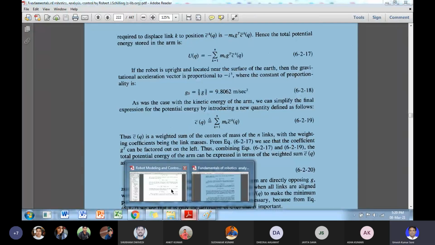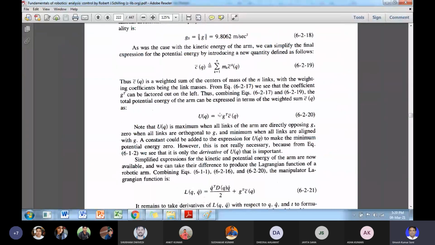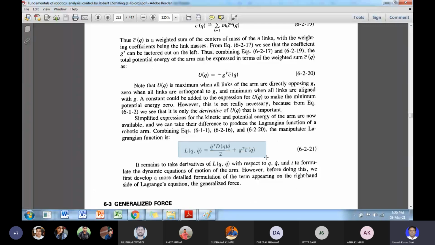Here U(q) is the potential energy. So the Lagrange formulation is done here. The Lagrangian of this link is given by the kinetic energy minus the potential energy, so here the minus term will be plus.